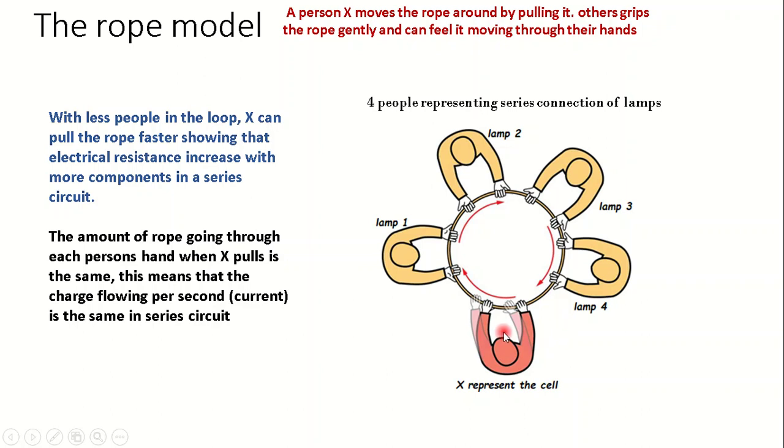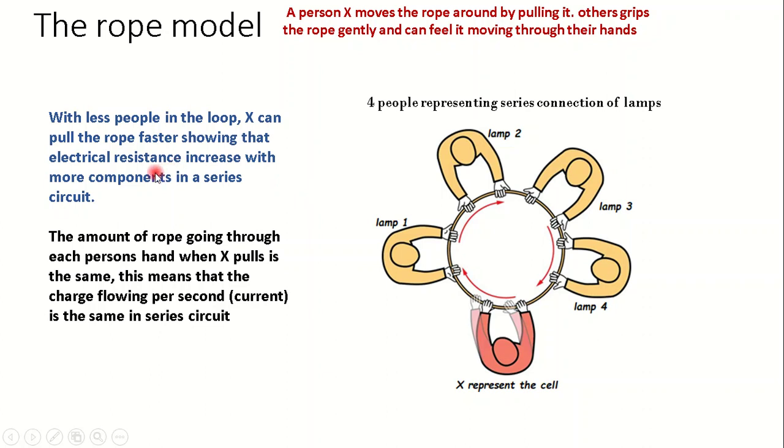The person pulling represents the cell or battery. These guys are gripped gently and allow the rope to move through their hands or between their hands, representing the components. We can even use another person to represent the switch, someone that can just grip it hard and stop the rope from moving.